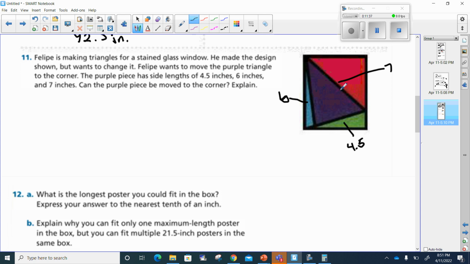In other words, if I took this piece here and I wanted to put it here, would it work? Would it be a right angle? So we're going to have to see if a squared plus b squared will equal c squared.